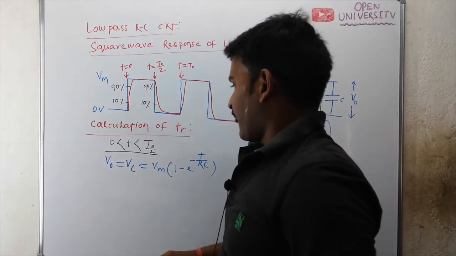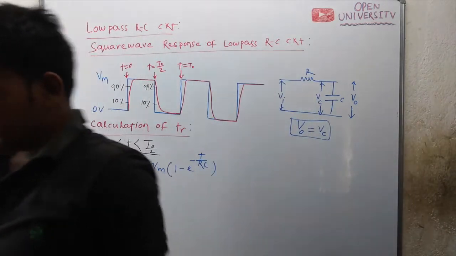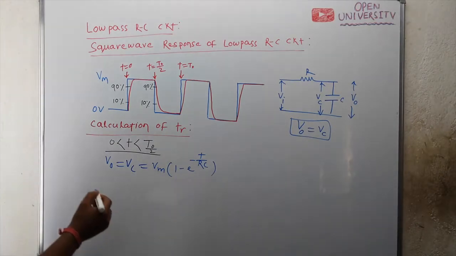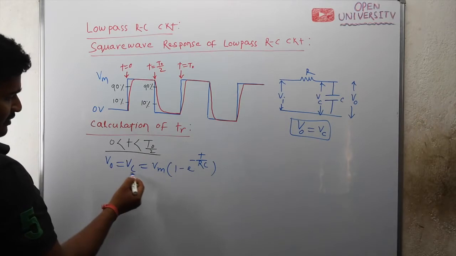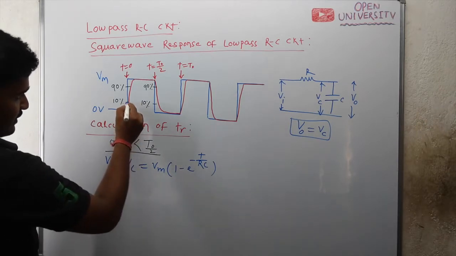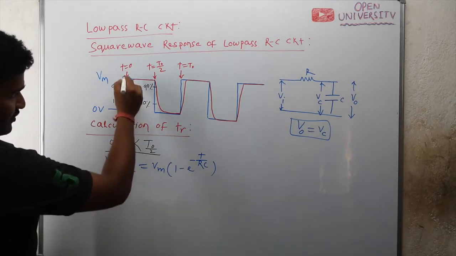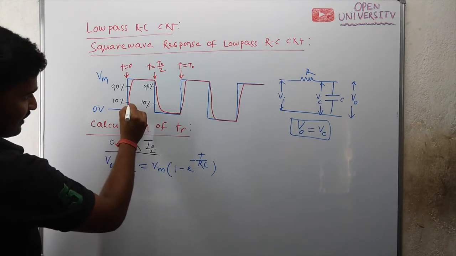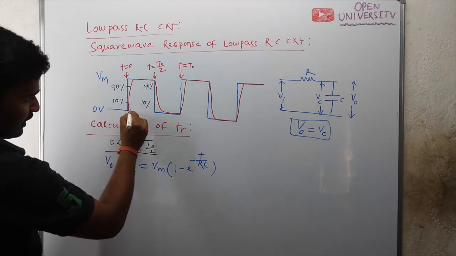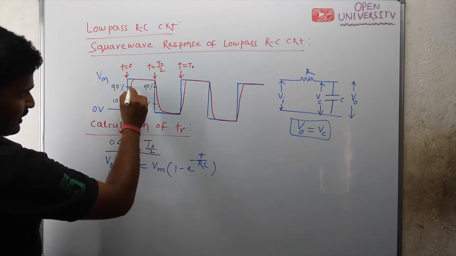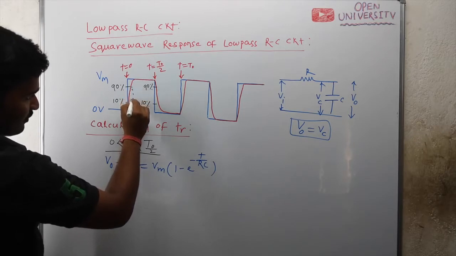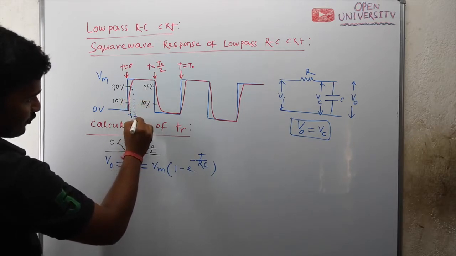Okay, let the voltage across the capacitor Vc be 10% of the maximum value at the instant when time t is t1, and let it reach 90% of the maximum value at the instant when time is t2.